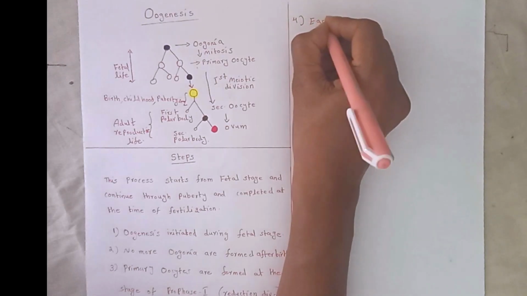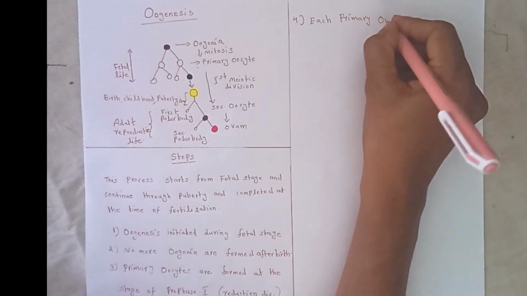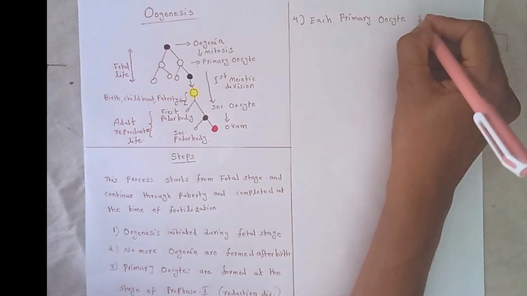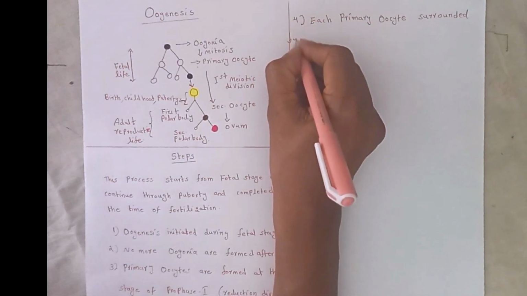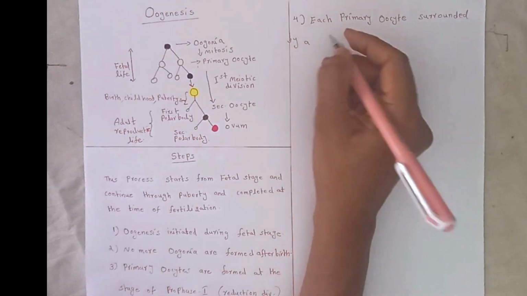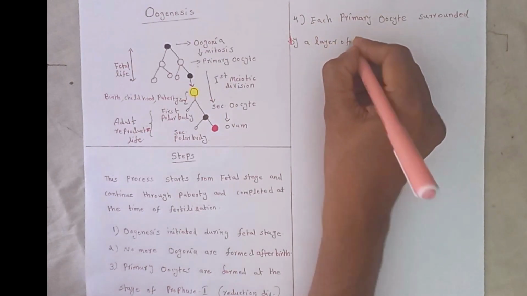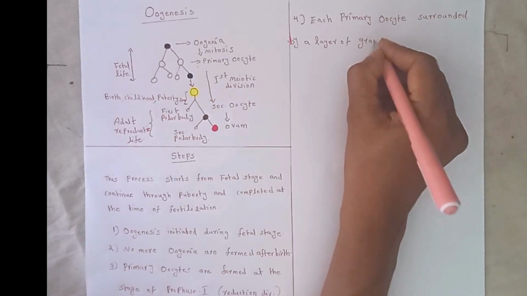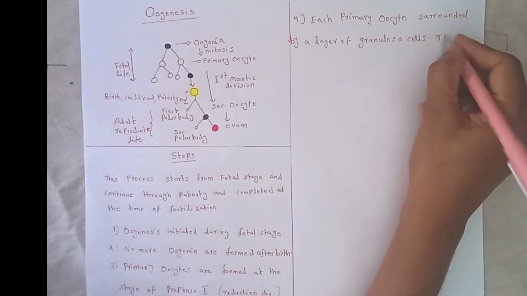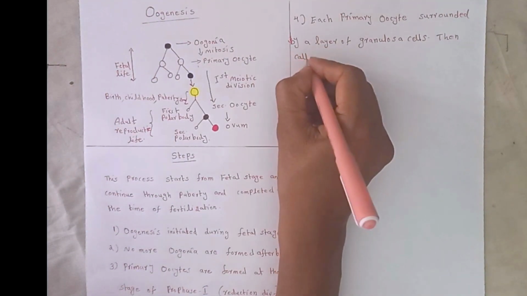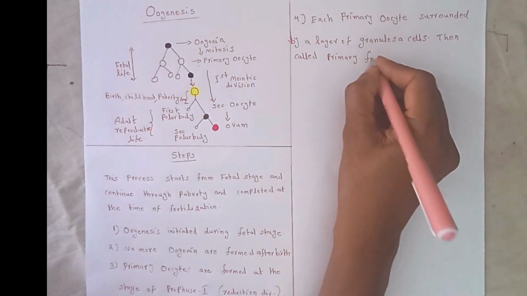Each primary oocyte surrounded by a layer of granulosa cells, then called primary follicle.